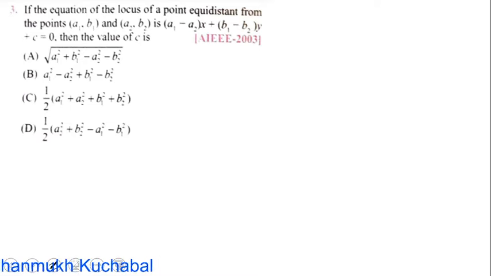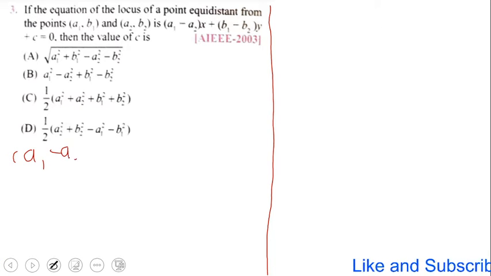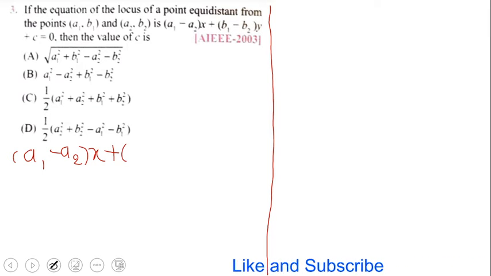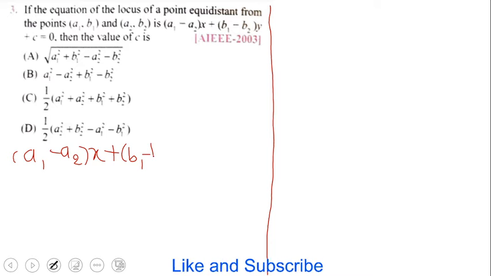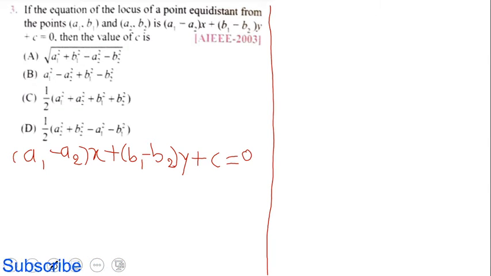We'll simplify this. It is very simple. They are given a line, (a1 - a2) into x plus (b1 - b2) into y plus c equal to 0. Further we have 2 points.